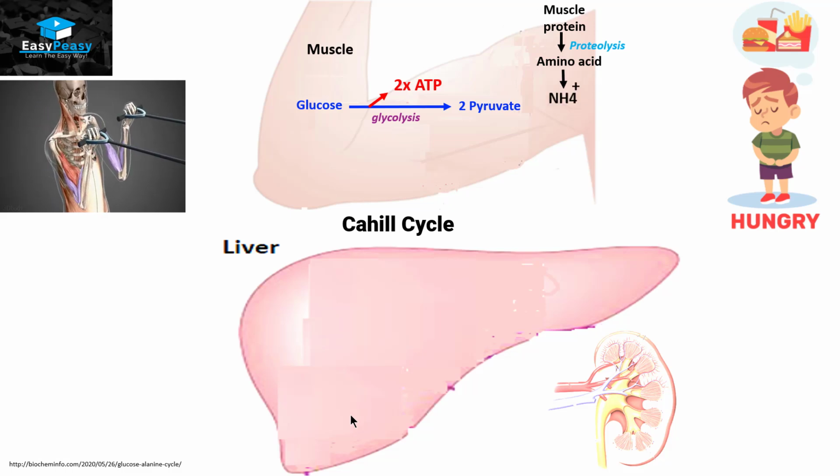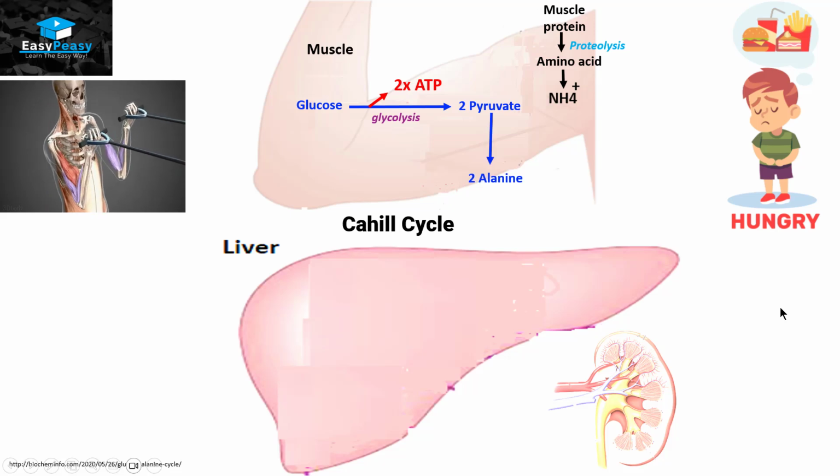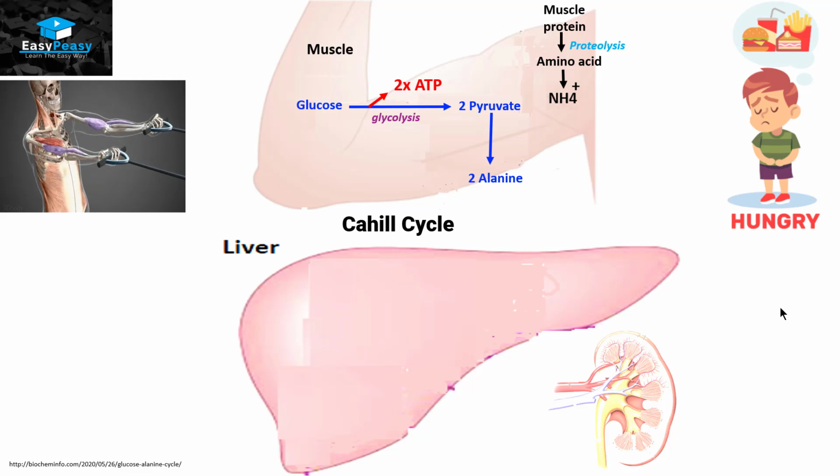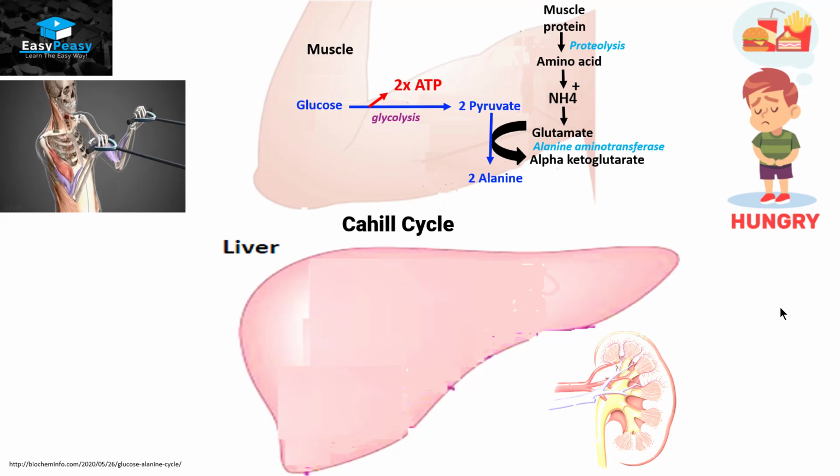This amino group will be taken up by pyruvate, converting it into alanine. In this case, the most common amino acid that releases this amino group is glutamate, and glutamate converts itself into alpha ketoglutarate by using an enzyme called alanine aminotransferase.